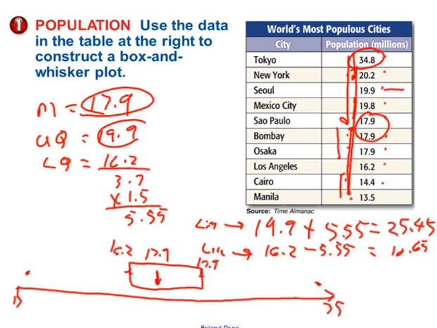The whiskers go out to the highest value that's still not an outlier, which would be 20.2, and the lowest value would be 13.5. So that's the box and whisker plot for this data.